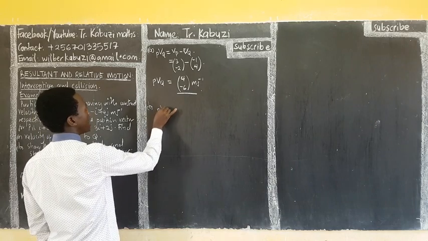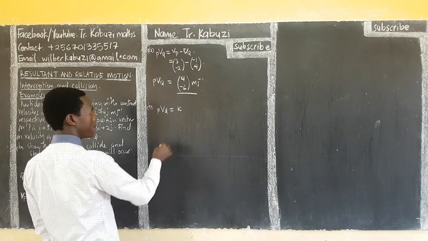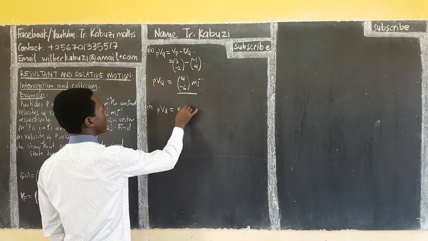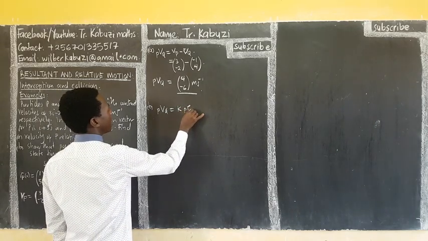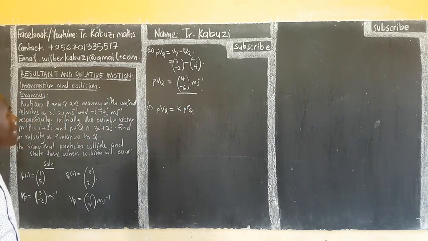Remember, we said the relative velocity is always parallel to the initial distance, which is the displacement of P relative to the displacement of Q. As simple as that.